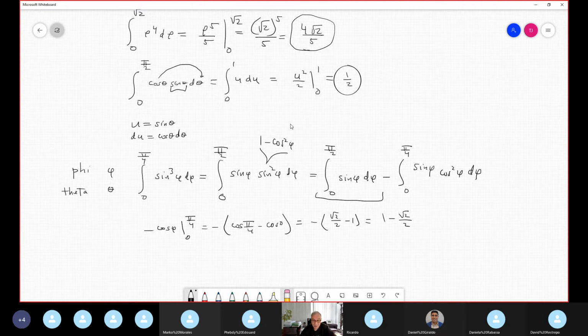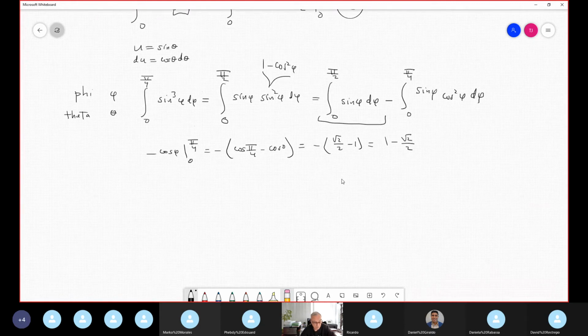Okay, this is this part. I need to complete the second part. The second part is the integral from 0 to pi over 4 of sine phi cosine squared phi d phi. I suppose that cosine phi is u, and the derivative is minus sine phi d phi equal to du. So to complete the differential, we need an extra negative.